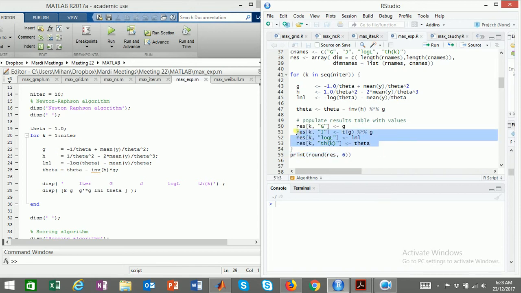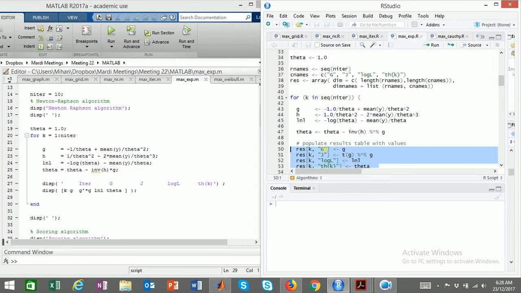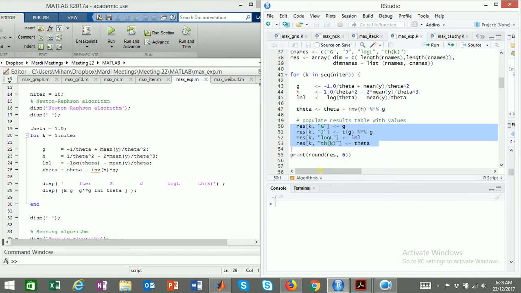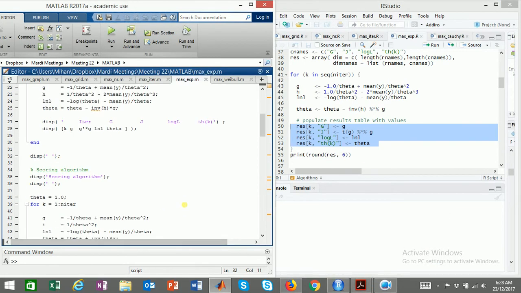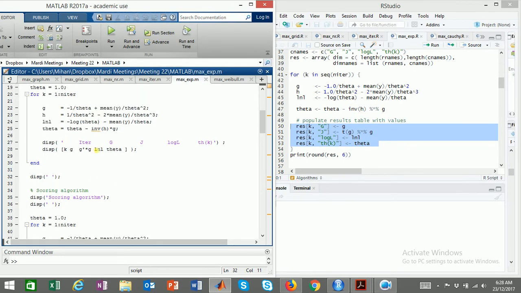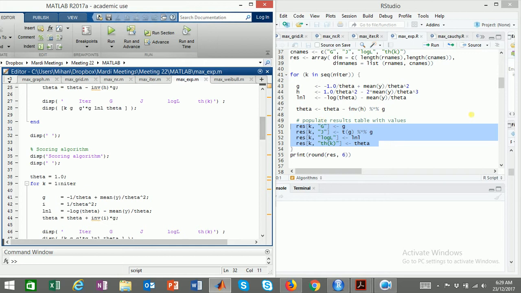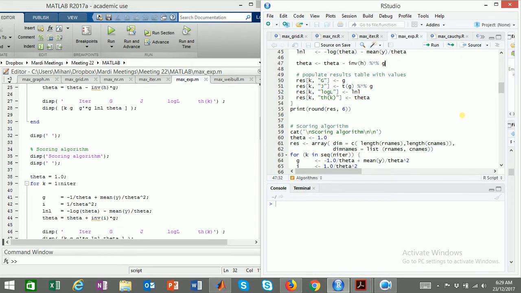Creating a results table. So this is results for k rows, for all the k rows, G, then comes J, then come log L, then come theta k, so that we have that type of table that we have just shown. It will automatically be created in our great MATLAB. This is more difficult with this.